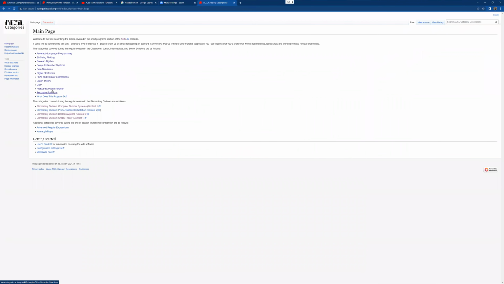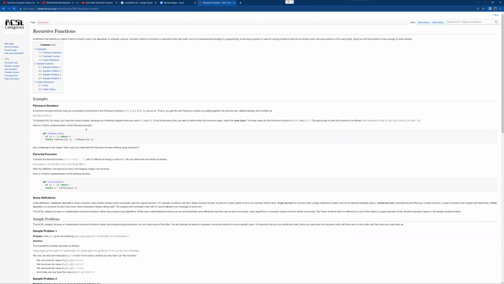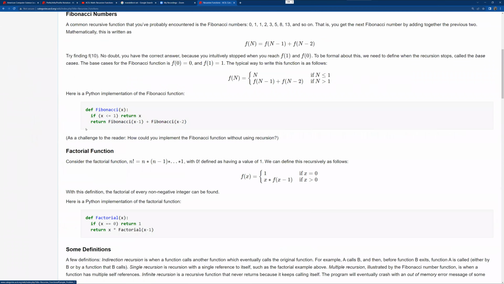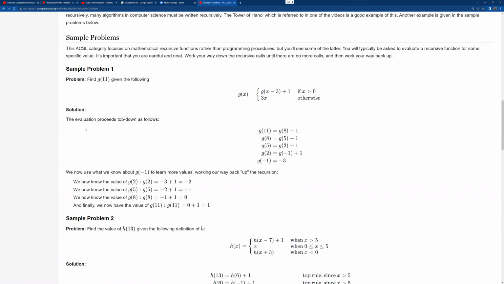Basically, this gives us a way to understand what you will encounter in the ACSL contests. It's basically the same kind of problem we just went through. g(x) is a function, and if x is greater than 0, it's defined one way, or otherwise it's defined another way.